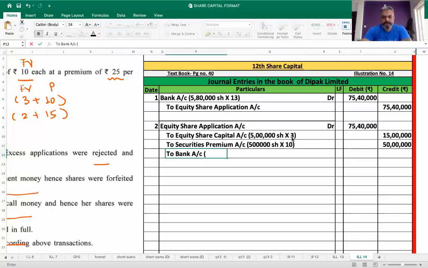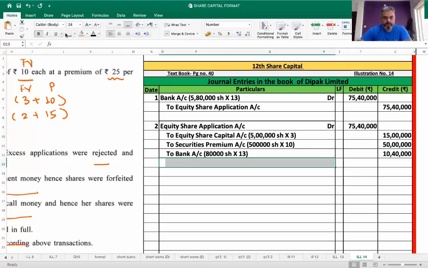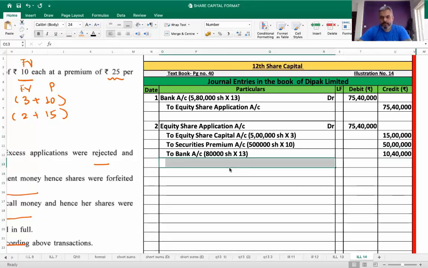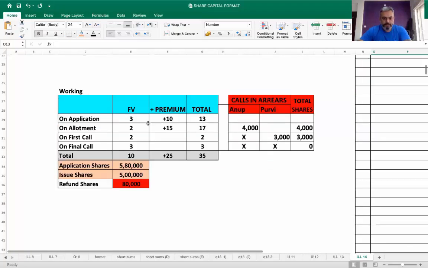We rejected 80,000 shares into rupees 13 per share, 10 lakh 40,000. So application over. Now we go to allotment.